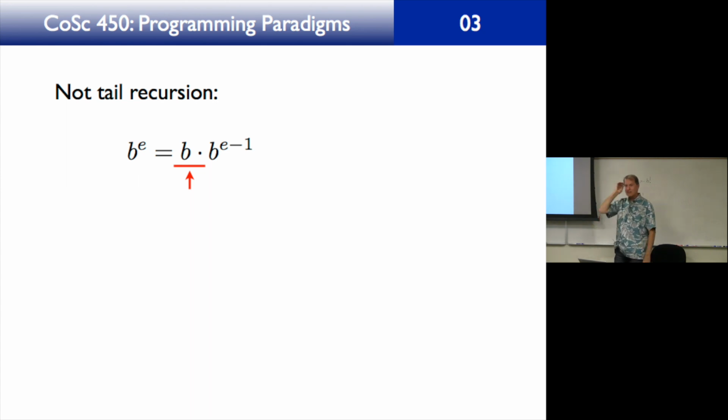So now let me ask you, can you come up with the tail recursive way to do this? See if you can. The base case in this one is, in this case e equals 1, it's b.